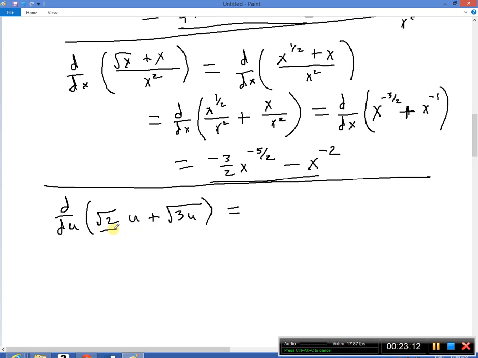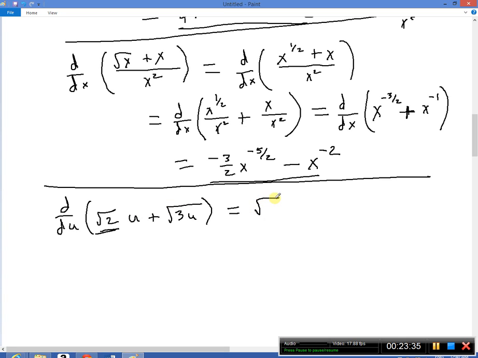In a word, it's a constant. So what we're looking at here is the derivative of a sum, which is the sum of the derivatives. So I can take the derivative of the first guy and the derivative of the second guy and just add them together. What's the derivative of a constant times u, where u is the independent variable? Well, it's just that constant.